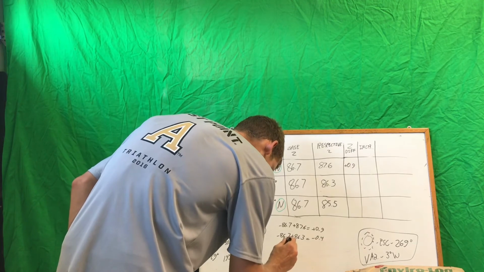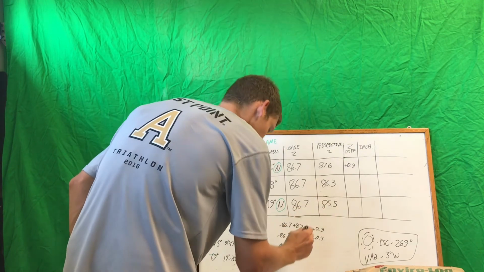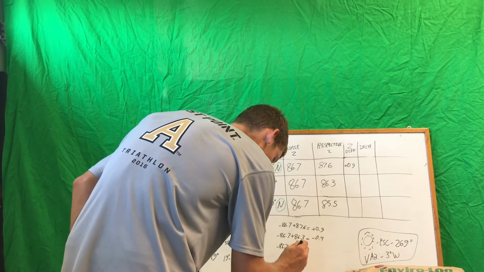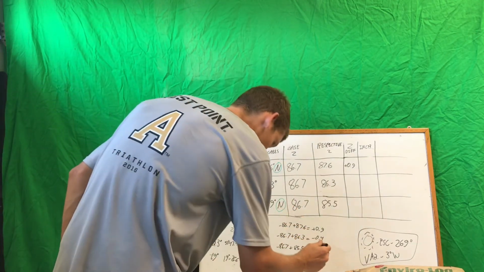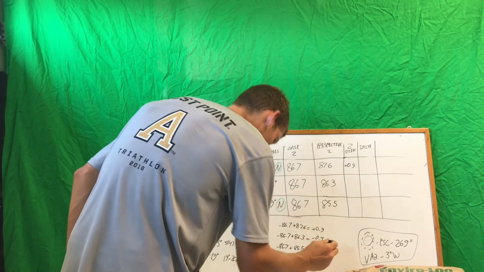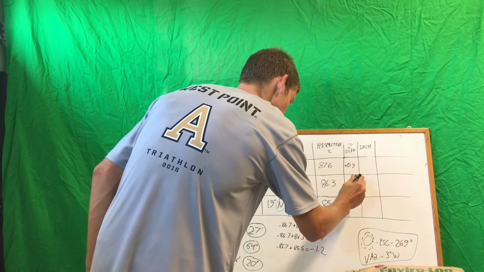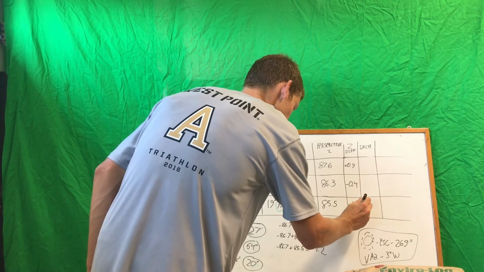Just do the negative 86.7 compared to the positive 85.5, and that's going to get you a negative 1.2. So you just fill them in, negative 0.4, negative 1.2.